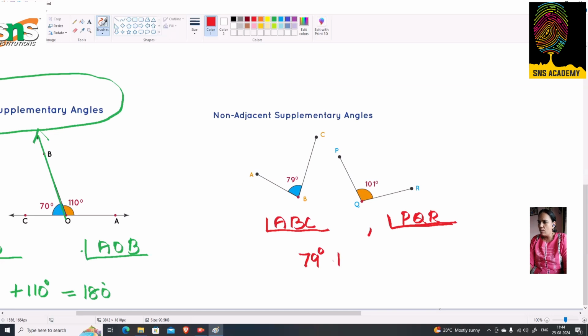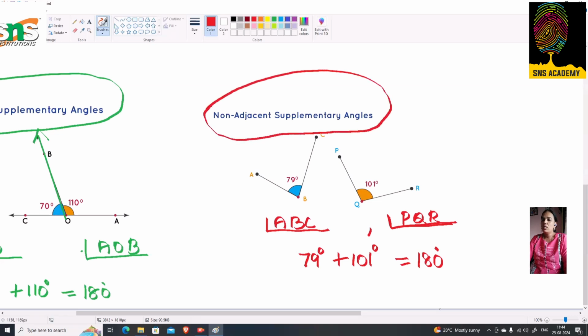After the sum only we can say. So 79 plus 101. What is the answer? Yes, 180 degrees. So when you add and get 180 degrees and there is no common arm between the angles, we can call them non-adjacent supplementary angles.